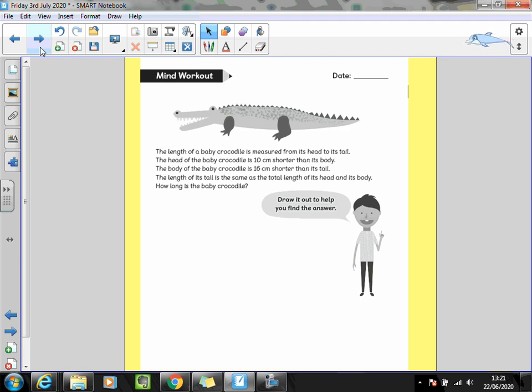The length of its tail is the same as the total length of its head and its body. We want to know, how long is the baby crocodile? Draw it out to help you find the answer. Write down those measurements next to the head of the baby crocodile, the body of the baby crocodile. And you might need to read those clues over and over again to help you solve it. Good luck.